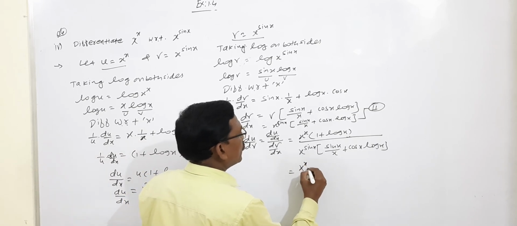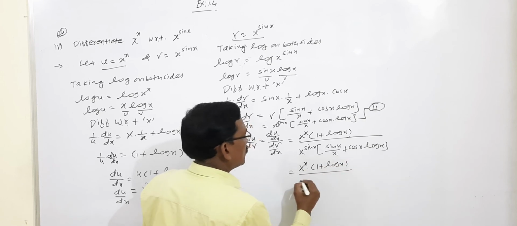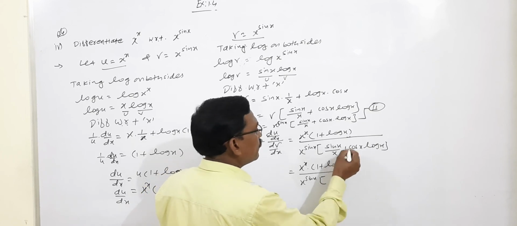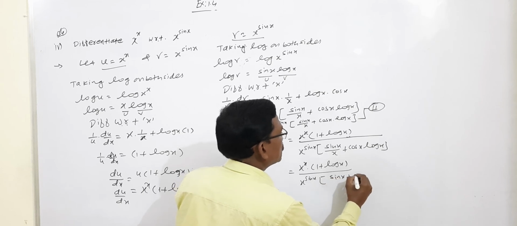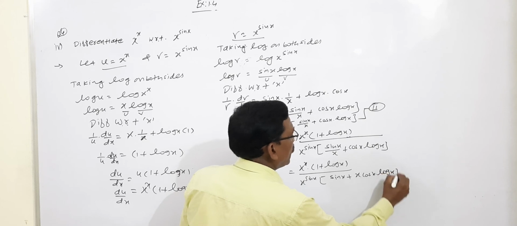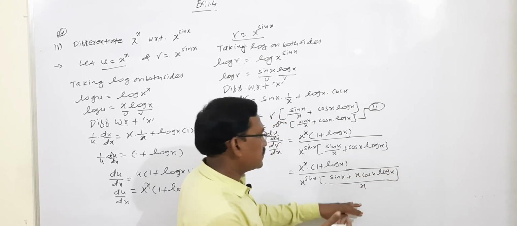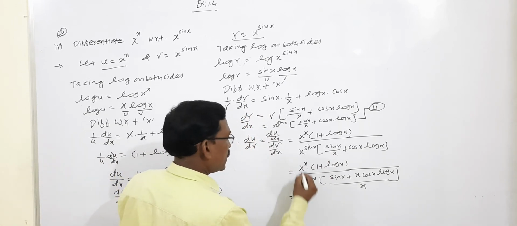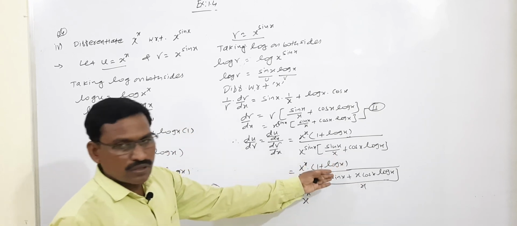Here x to the power x into 1 plus log x as it is, divided by x to the power sin x into, multiplying this out, sin x plus x into cos x into log x, and the whole divided by x. Take this x, its reciprocal.